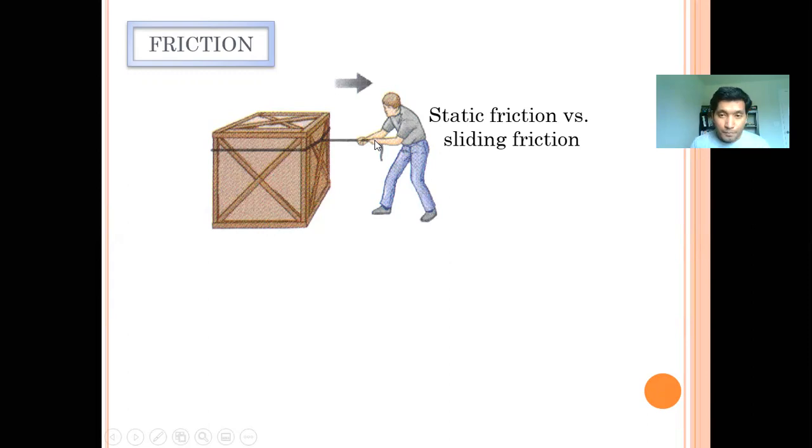The friction acts opposite to the applied force, but if the object is not in motion, we say static friction. If it is in motion, then it is said to be sliding friction.